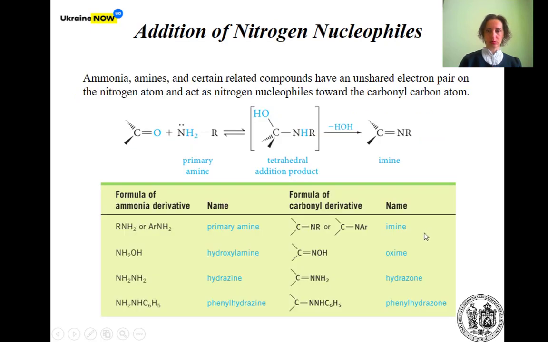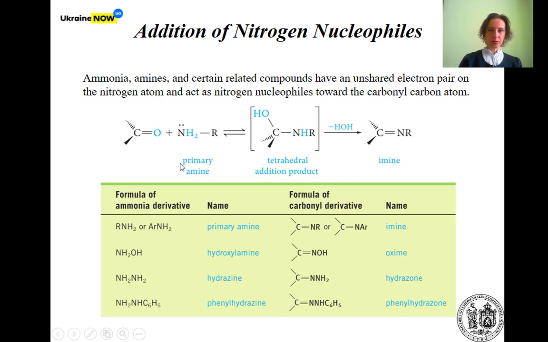One more huge group of compounds that can be added to carbonylic compounds are nitrogen nucleophiles. In this group, we have many diverse compounds, and the general mechanism is shown here.